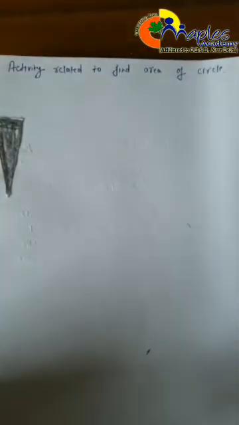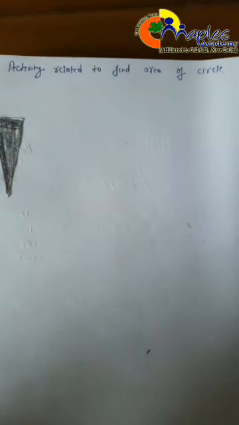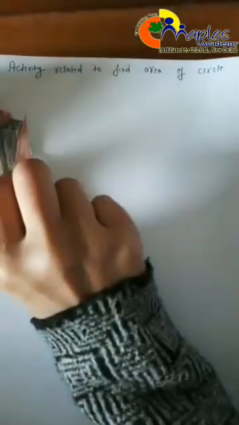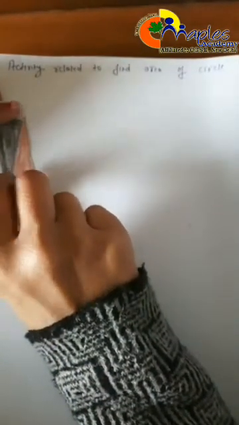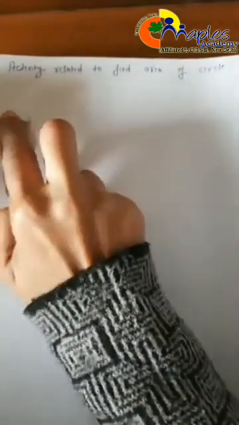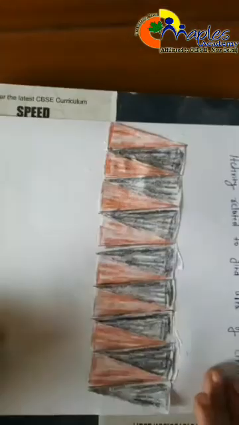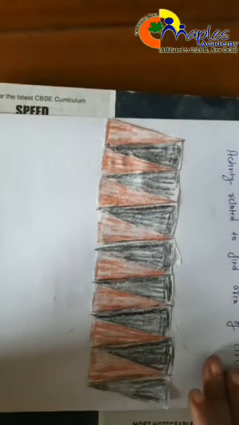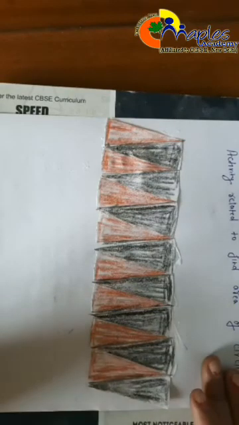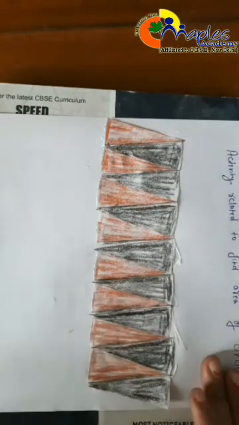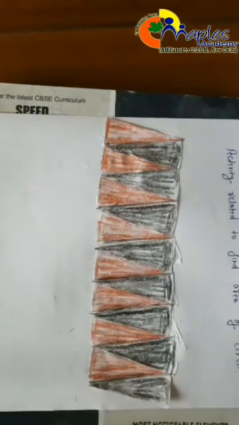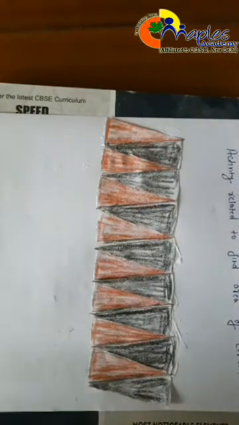One part is black and the other part is brown. All these parts like this, and it looks like roughly a rectangle. So we have to find the area of the rectangle, and area of rectangle is L into B.